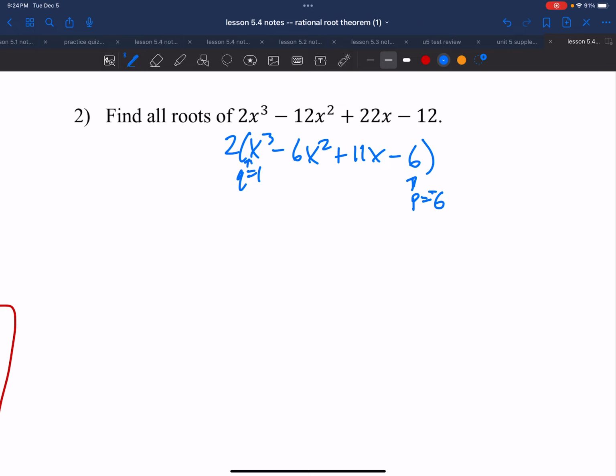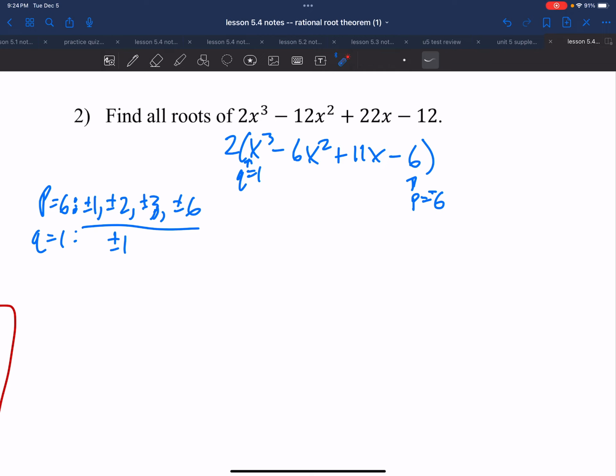It's negative 6 technically, but who cares? So factors of P, factors of 6, are just 1, 2, 3, and 6. Factors of Q, which is just 1, is just plus or minus 1. And so you're going to save yourself a lot of work, because if you did 12 and 2, you'd have a lot more factors to test. So we're just limited to this list here.